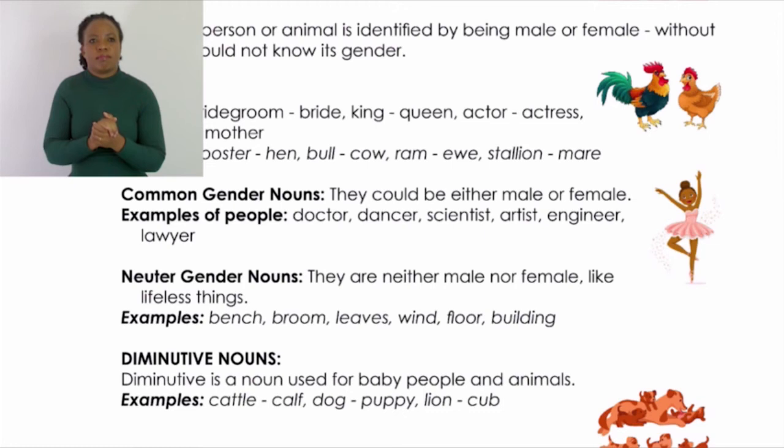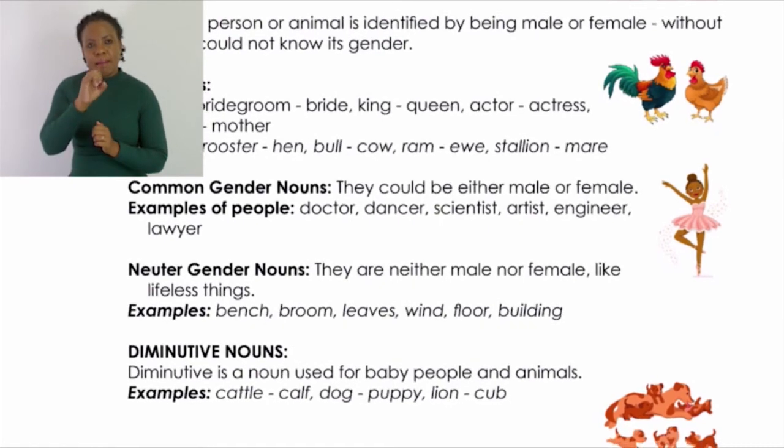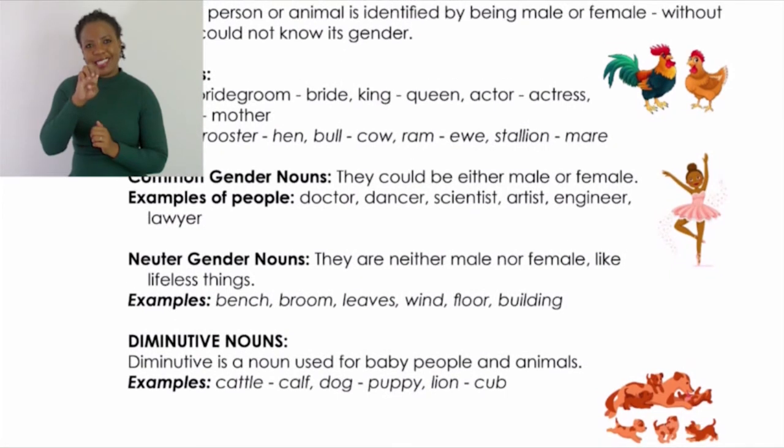Now, we need to go on to diminutives. I want to understand that you have grasped the masculine and the feminine nouns. Still on page 3, let's go on to diminutive nouns.